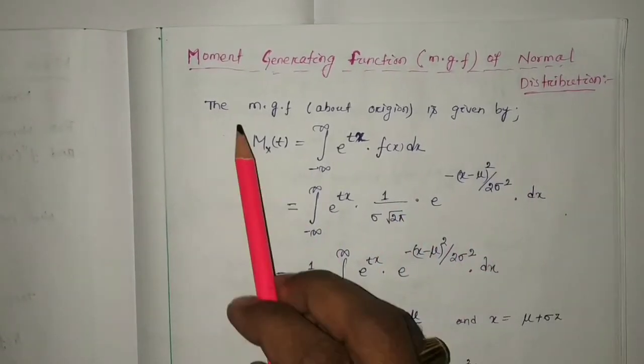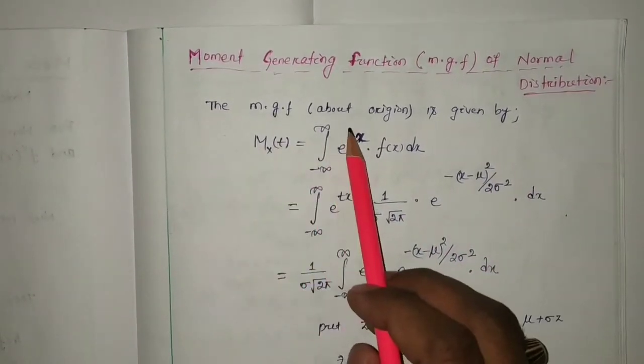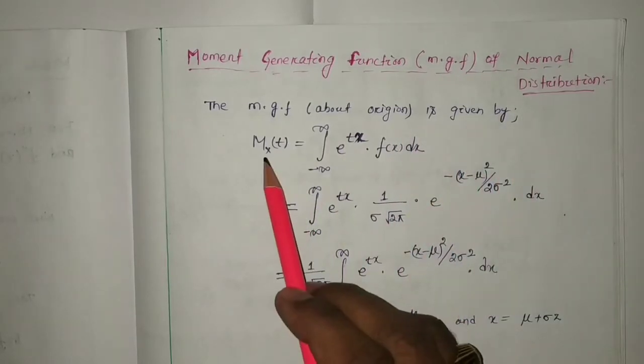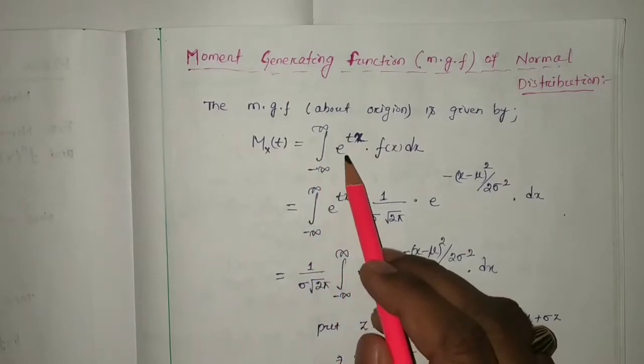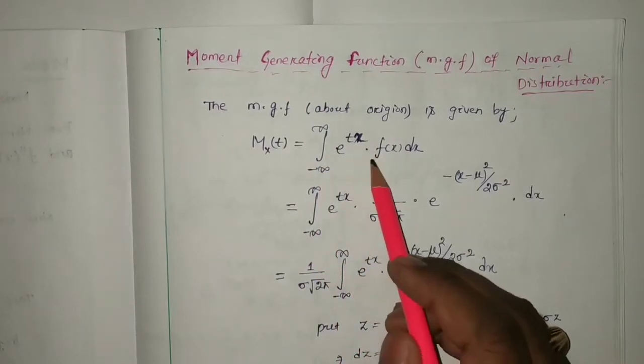The m.g.f. about the origin is given by M_X(t) equals the integral from minus infinity to plus infinity of e to the power tx into f(x) dx.